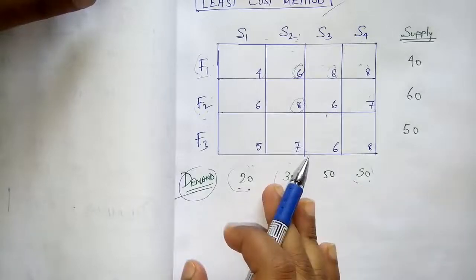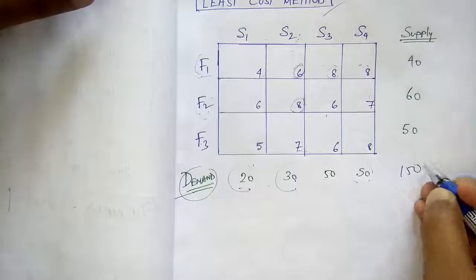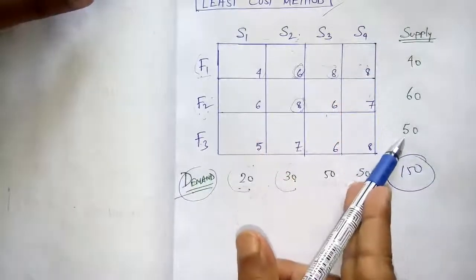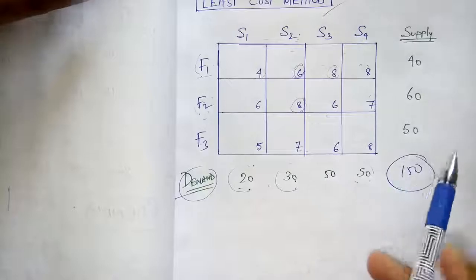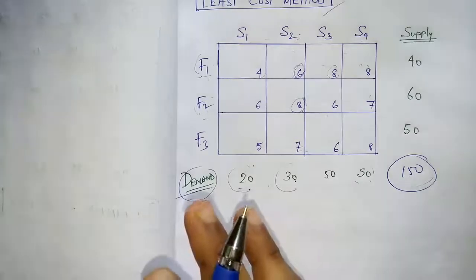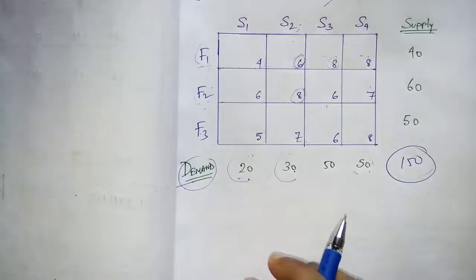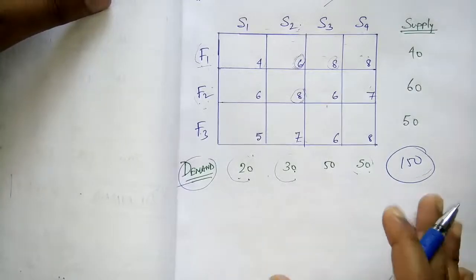So the total demand is 20, 30, 50 and 50, which is 150. What is the total supply? Check it: 40, 60, 50, 150. So demand is exactly equal to supply. This is the assumption I told you before. That means it is a balanced transportation problem.